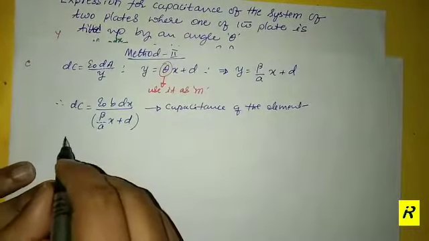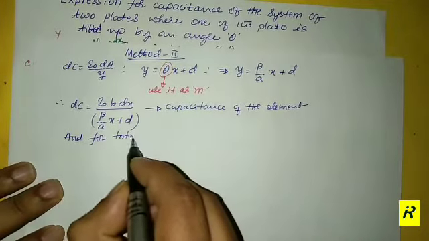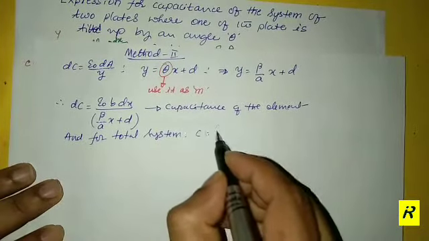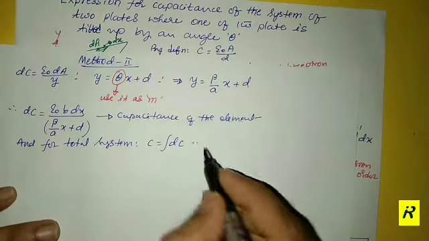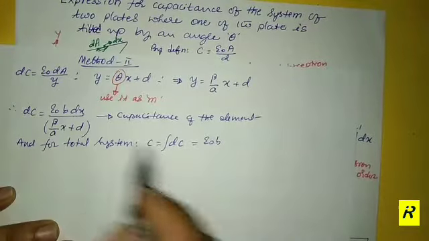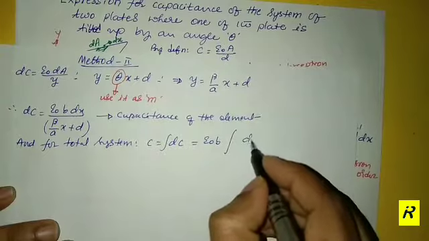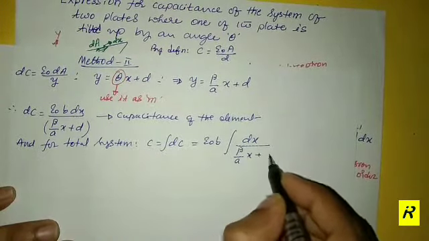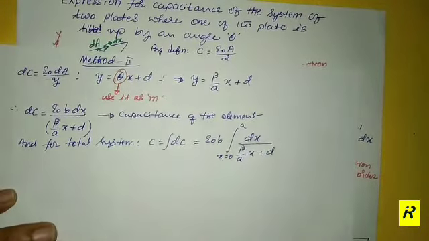And for the complete capacitance, for the total system, what we have to do? We have to integrate this, right? So when I make the integration, this will be epsilon o into b, which remains a constant outside the integration. This is an integration of dx divided by beta divided by a into x plus d, and again x varies from 0 to a.